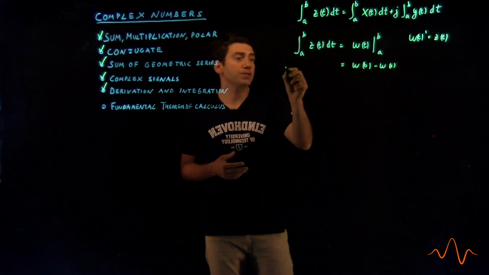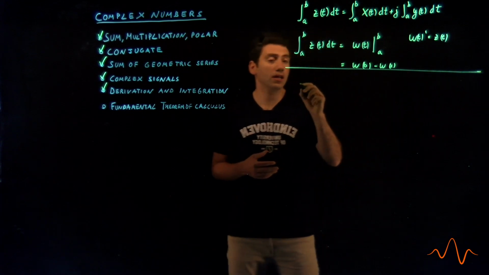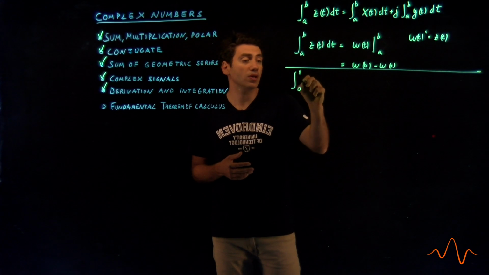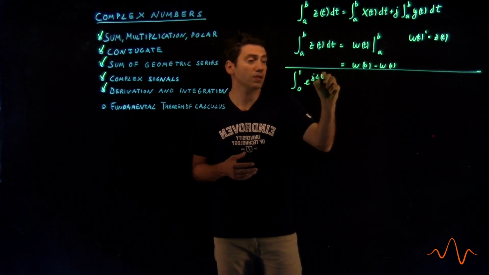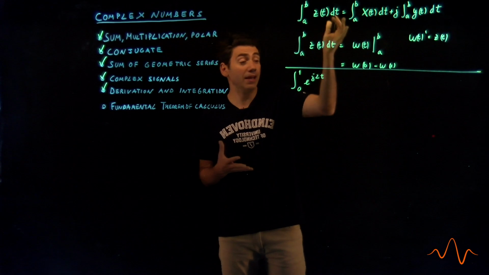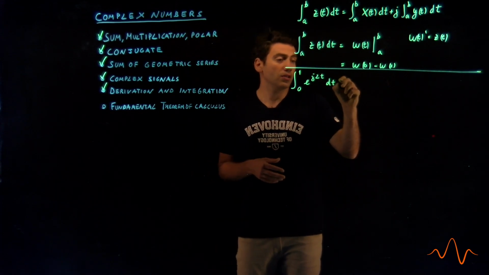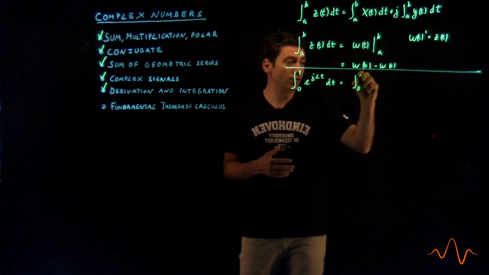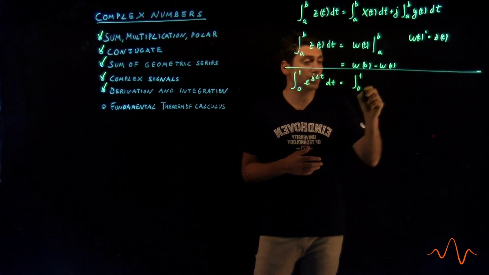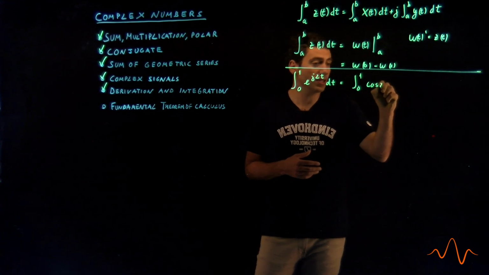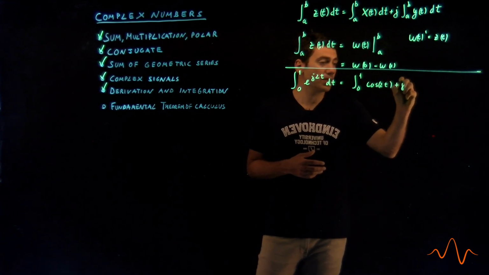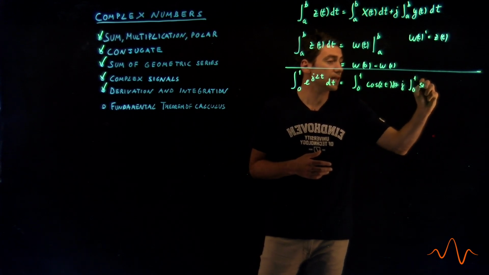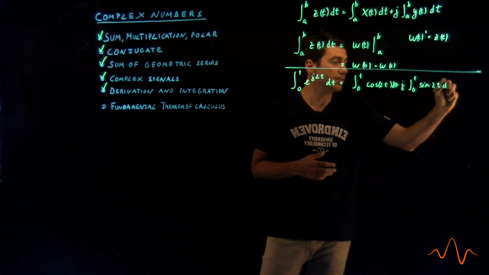Now we can, for instance, consider an example where we want to compute the integral from 0 to 1 of e to the power of j 2t. We can use formula number one, the definition, to arrive at the integral from 0 to 1 of the real part of e to the power of j 2t, which is cosine of 2t, dt, plus j, the integral from 0 to 1 of sine of 2t dt.